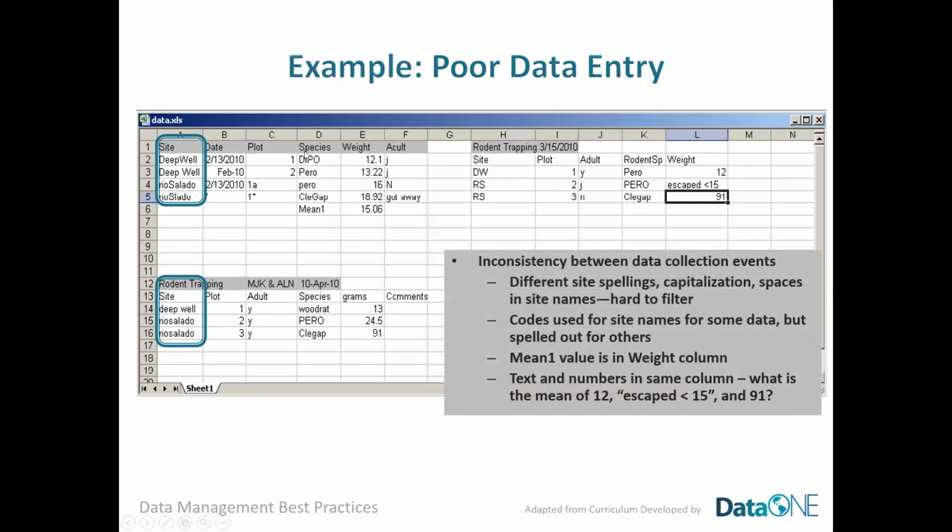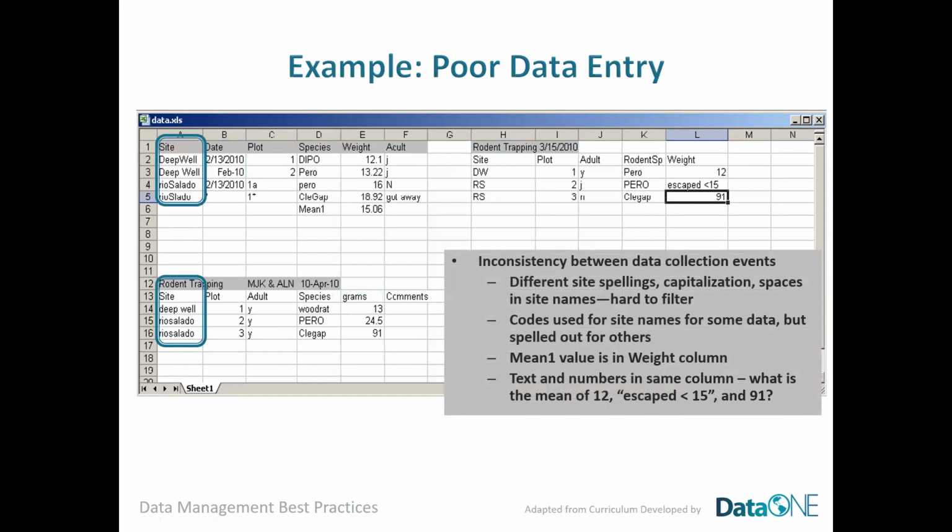You have Rio Salado shown right here, and then you have Rio Salado without the A right here. So you have different ways of spelling the same site. And when you have different spellings, such as deep well here or DW here, you can't really filter by just deep well with a space because you have different spellings in different places.